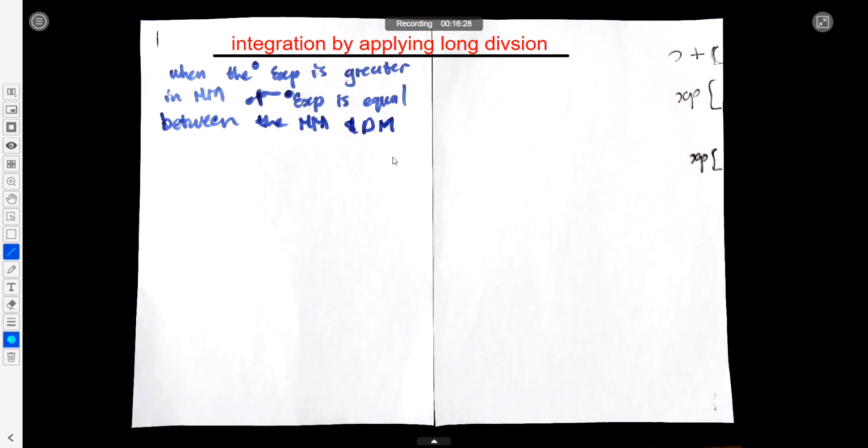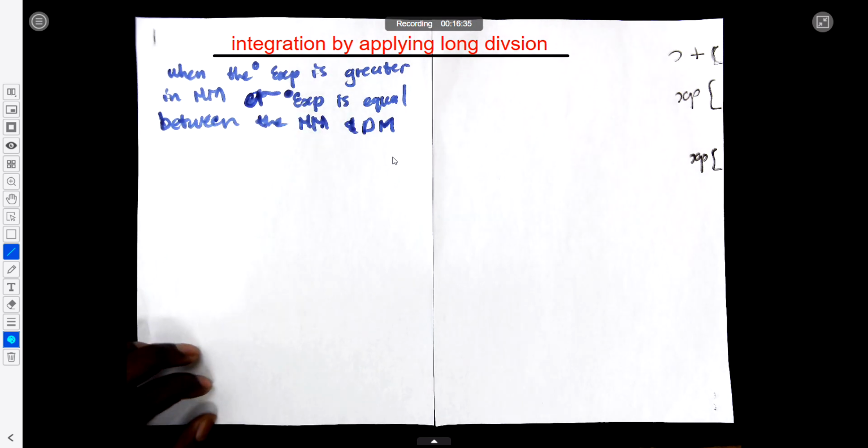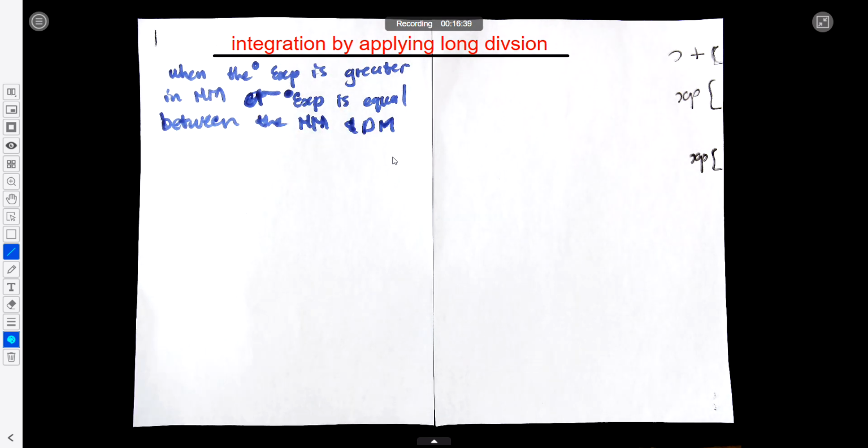So we'll apply long division in a case when the degree of exponent is greater than the numerator, or the degree of x is equal between the numerator and denominator. So we'll apply long division in that case. I'll take at least 2 examples to explain that.